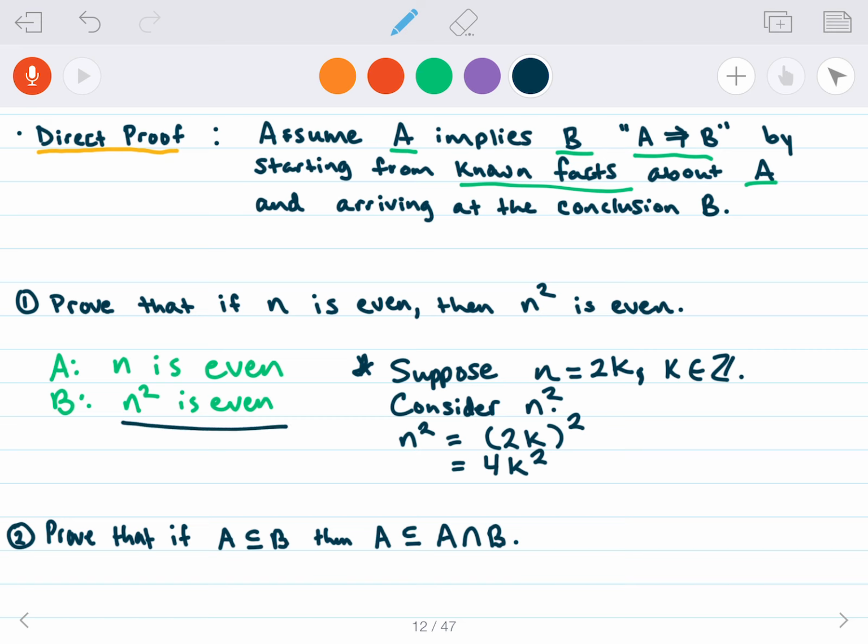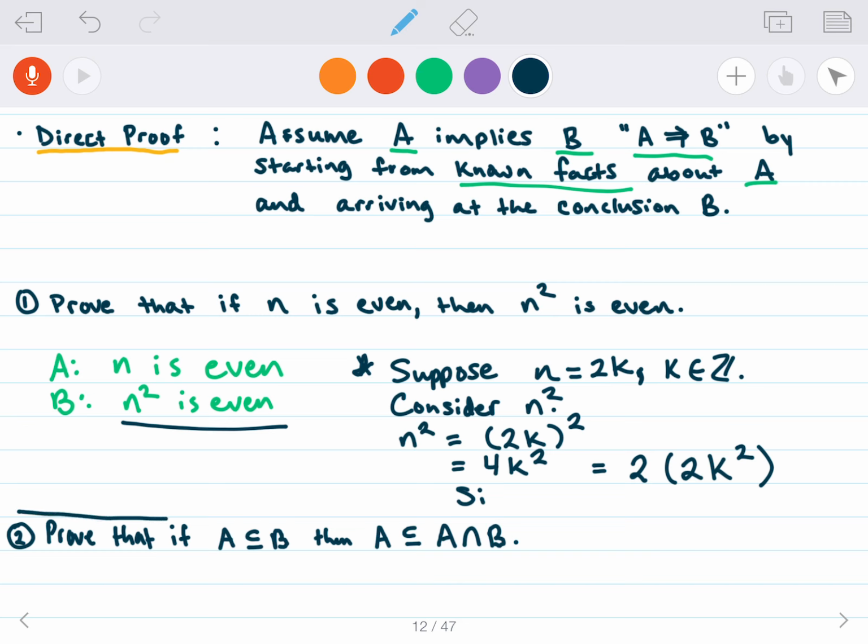We're trying to show that it's even, and what does it mean to be even? 2 times k, where k is an integer. So I can write this to show evenness as 2 times 2k squared. The end goal is to show that it can be written as 2 times an integer. So what else do we have to say? We have to say that this guy is an integer.